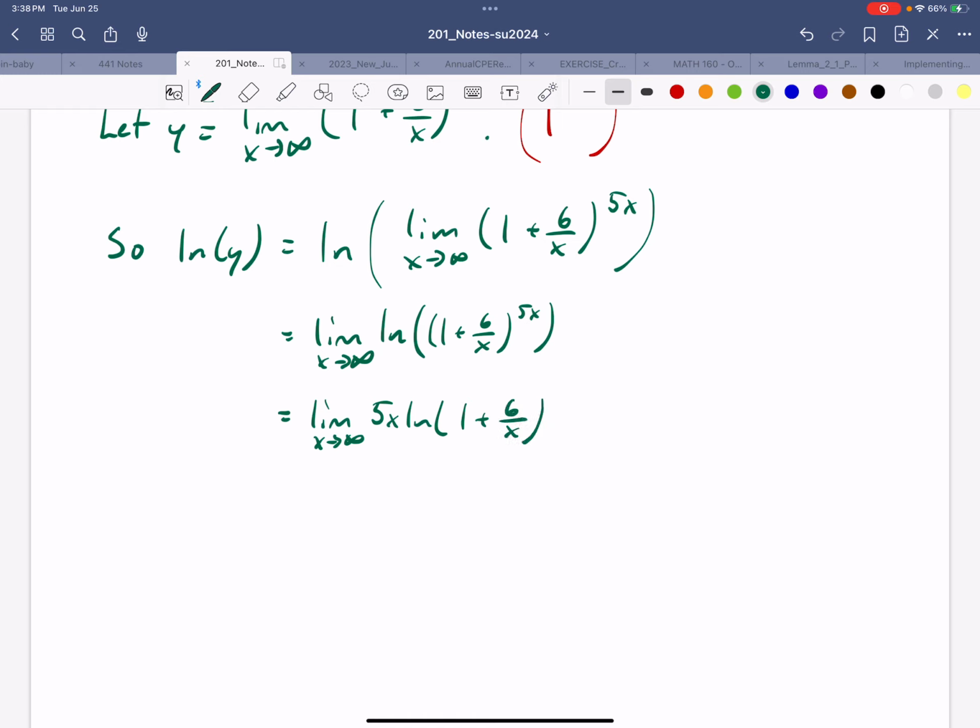We brought the power down because of our ln rules. Remember, ln of a to the b equals b ln of a.